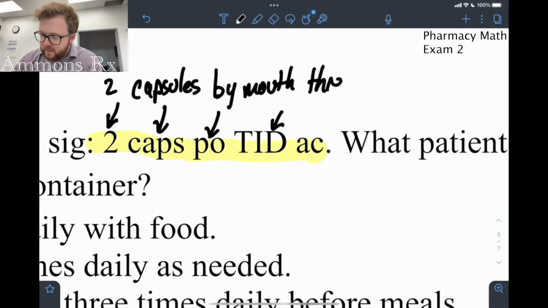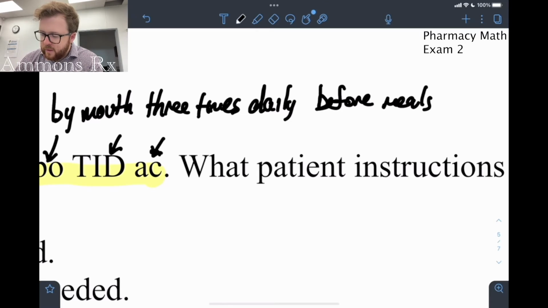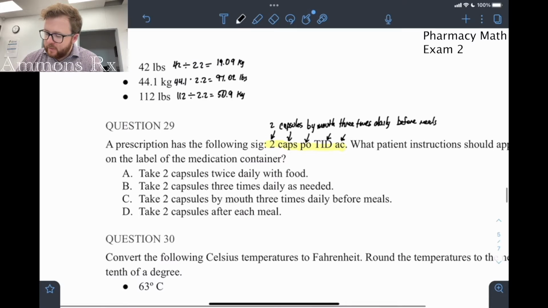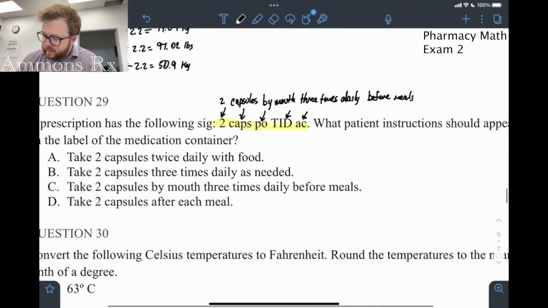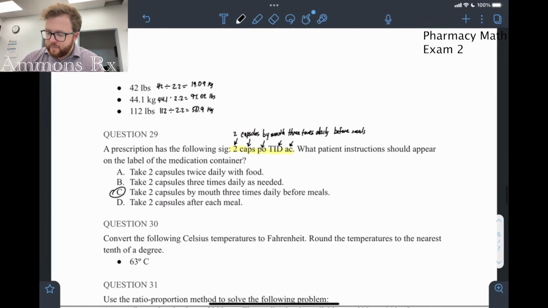TID, and then our last one is going to be our AC, which is before meals. You can think of anti-consumption before meals. So is that on the thing? Yes. It's going to be option C.